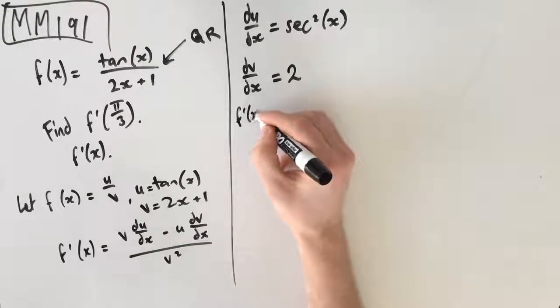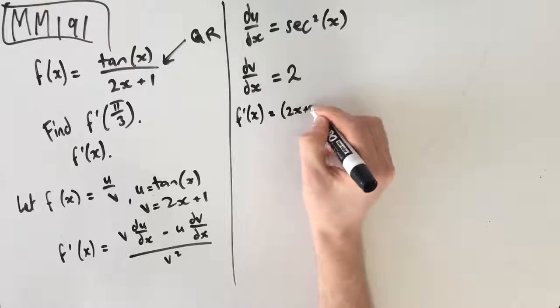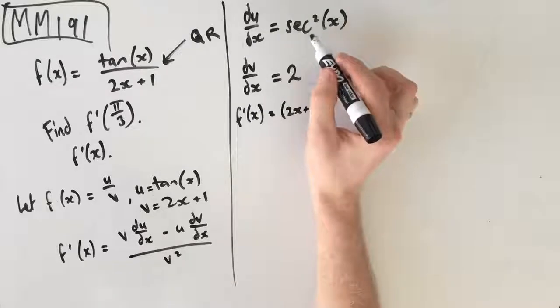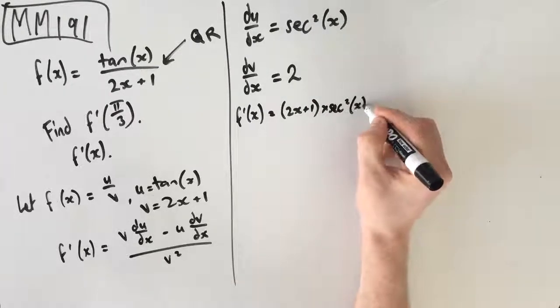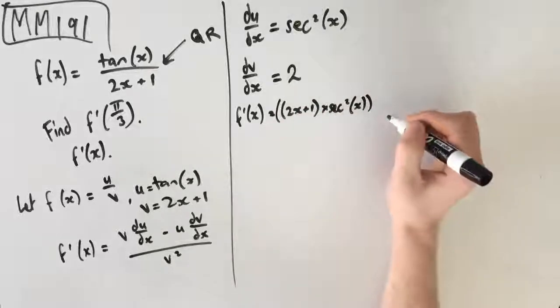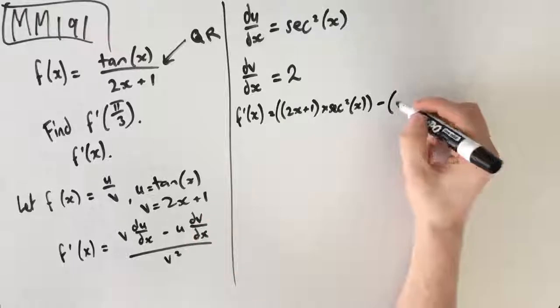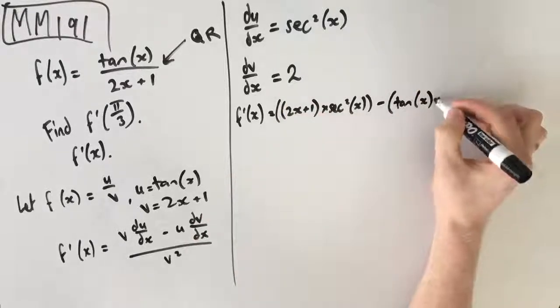So that means that f dash of x is equal to v, which is 2x plus 1, times du dx, which is sec squared x. Put that all in brackets. Awesome, and then take away u, which is tan x, times dv dx, which is just 2.